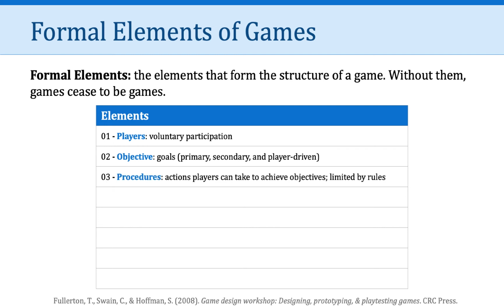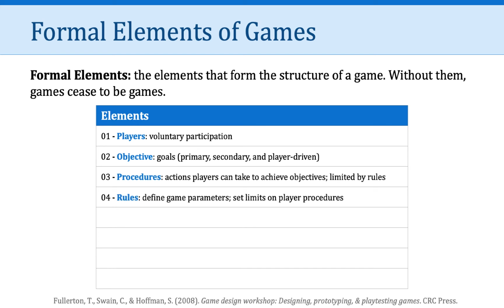Another important formal element are the procedures, and procedures are the actions players can take to achieve objectives. And of course, all games limit what players can do, what procedures or actions players are allowed to do. And of course, the rules help define these procedures.